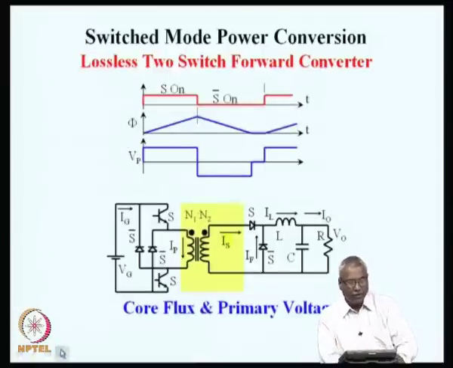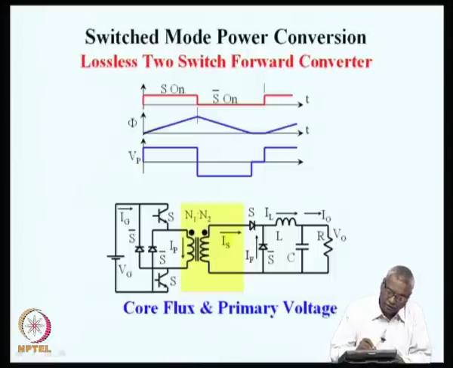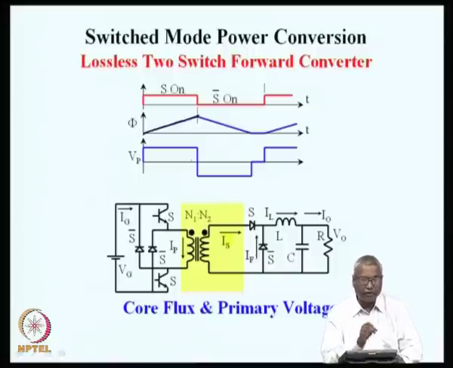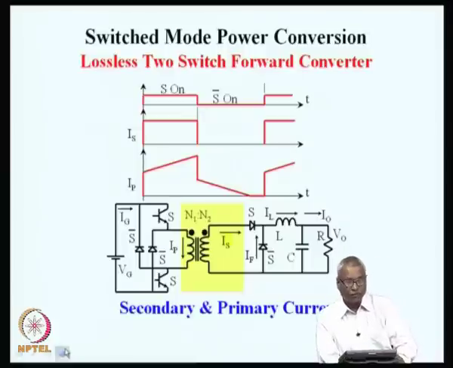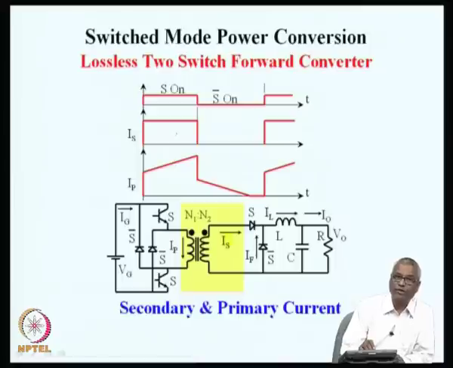Okay. The process of core flux increasing during the on time, decreasing during the off time, and the winding voltages, these are very similar to what we have seen before. What is seen here is core flux and the primary voltage. The secondary voltage and the reflected secondary voltage are also identical, but now the primary itself carries the reset current.